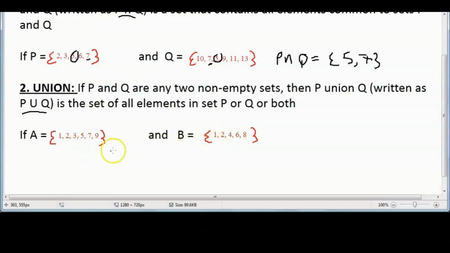A union B will be equal to 1, 2, 3, 4, 5, 6, 7, 8, 9.